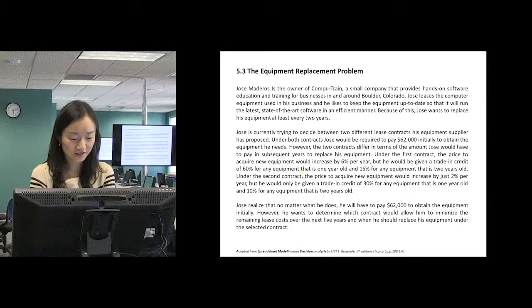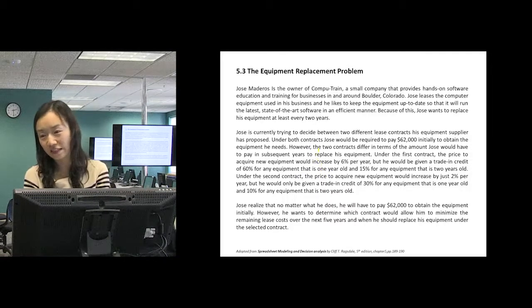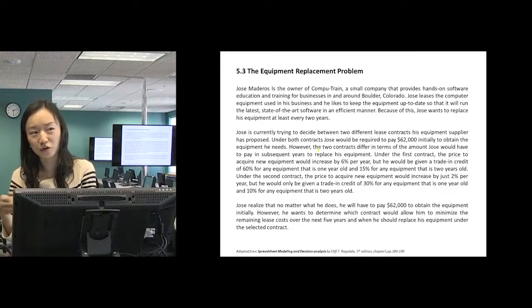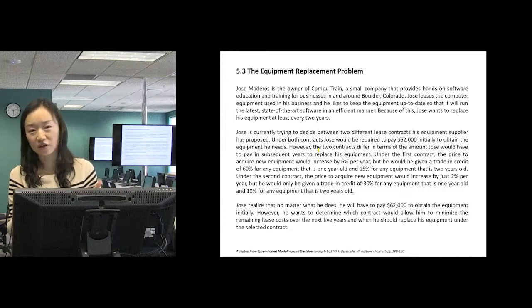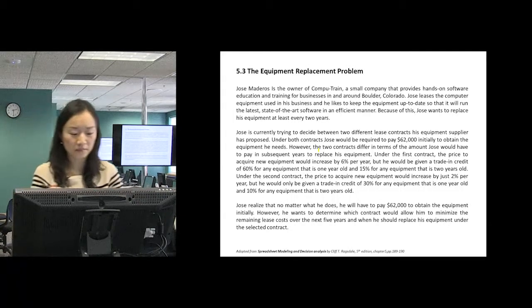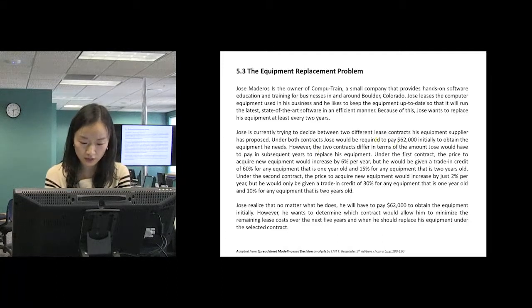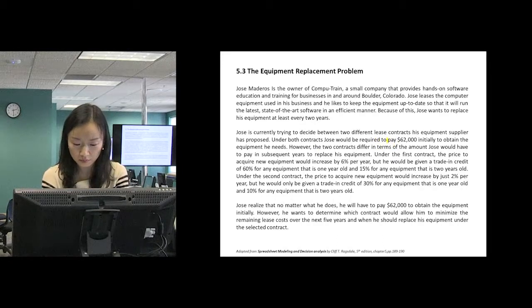Did it say 5 years? Okay, to decide how to carry this new equipment by replacing it, so this person can use it for 5 years.